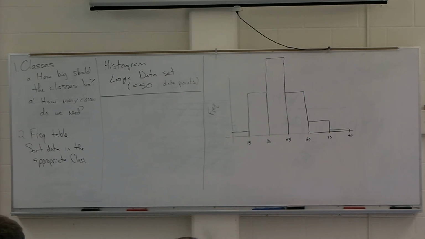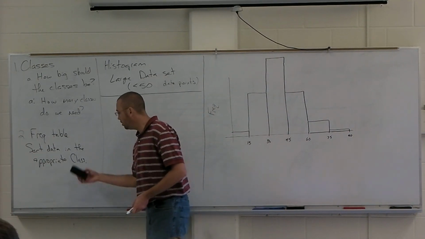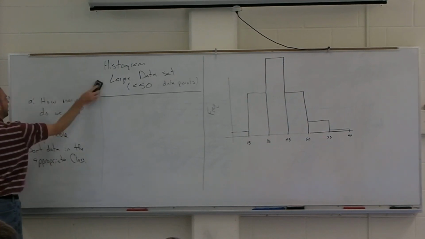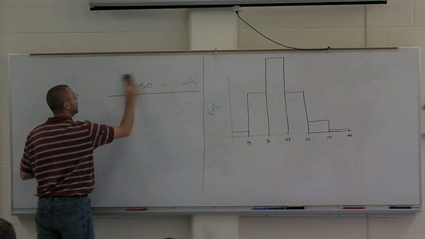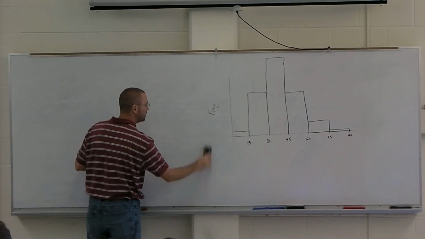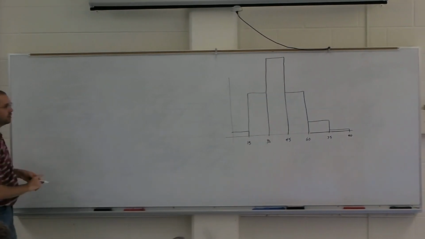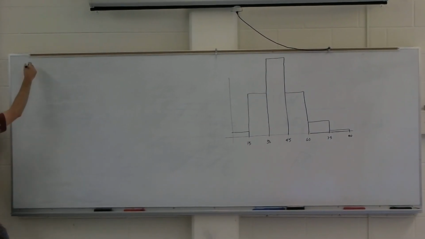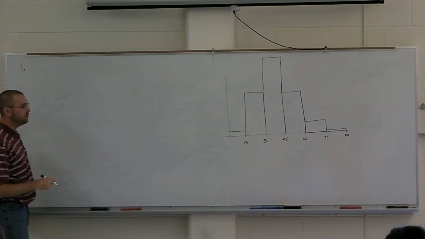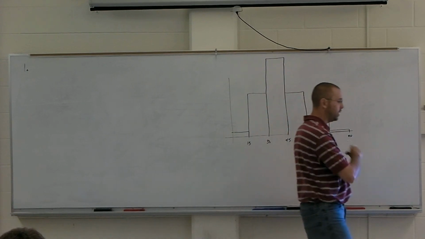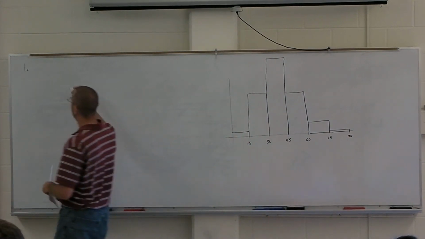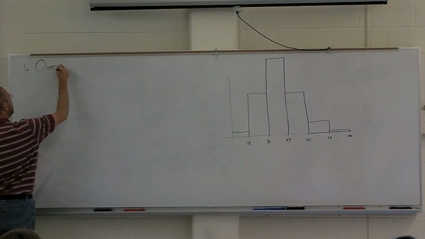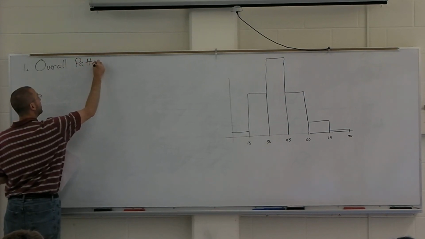Okay. All right. So what else do you need to talk about with graphs? The last thing I'm going to talk about with graphs, and this is not just with histograms, but with any graphs we have, is what we should look for, and what kind of things are important when dealing with graphs of quantitative data. So when looking at quantitative data, there are a couple of things that you should look at and notice when you are presented with this. The first thing you should look at is the overall pattern in your data.